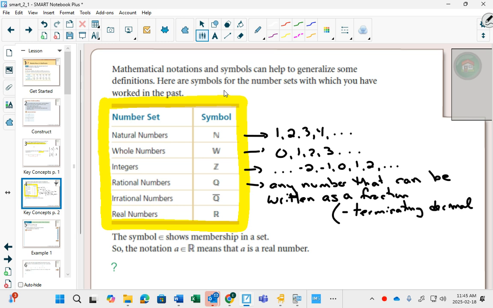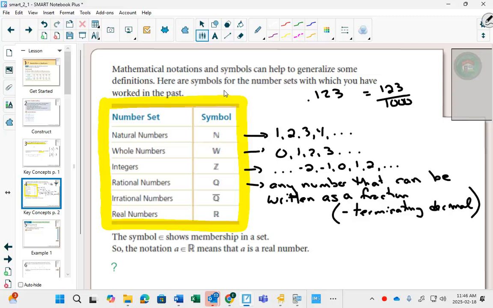So if you have a decimal that ends, like 0.123, and it ends there, you can write that as a fraction. And if you wanted to write it as a fraction, you just have to say, well, where did it end? It did not end at my tenths. It did not end at my hundredths. It ended at my thousandths. So I can write this as 123 thousandths as a fraction, making it a rational number.